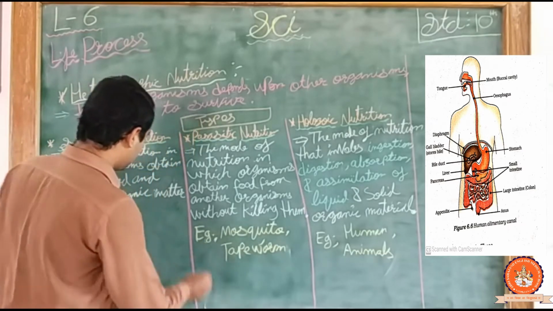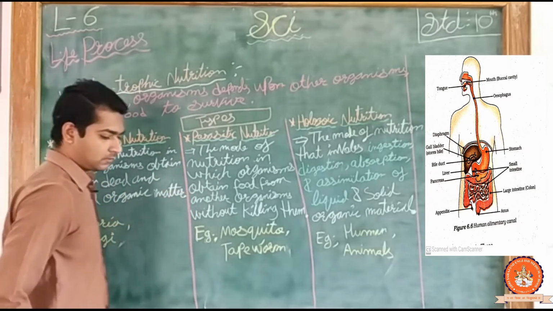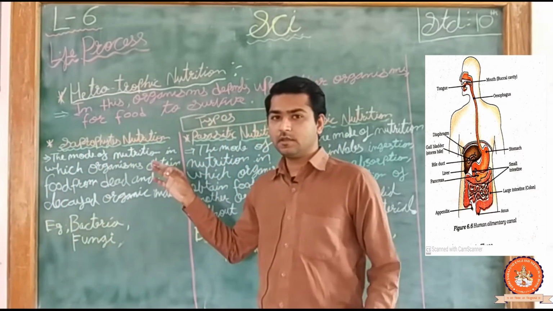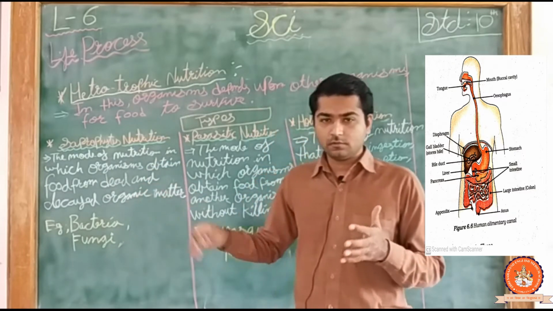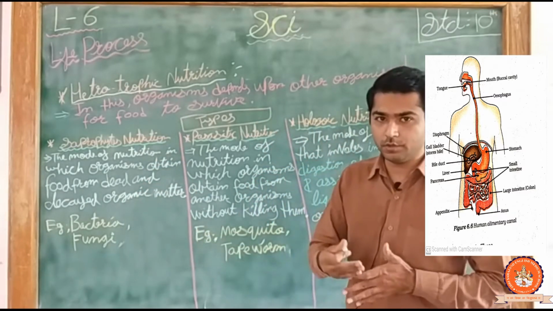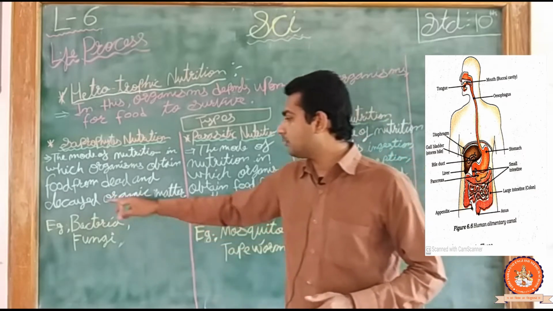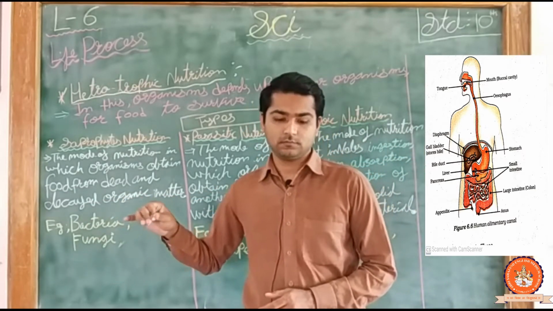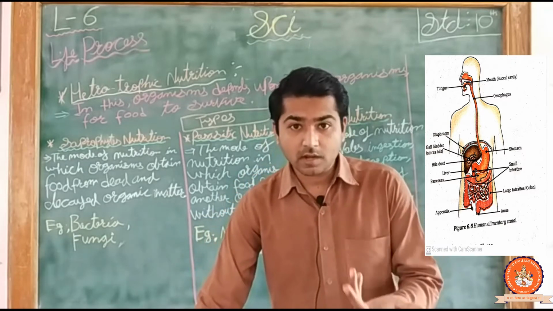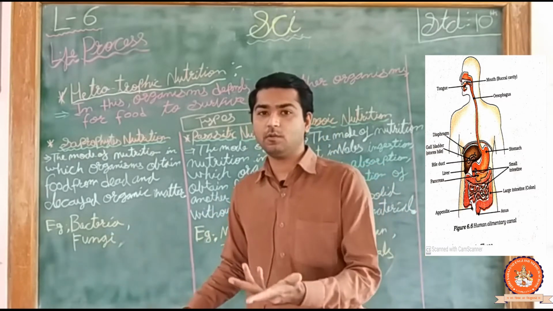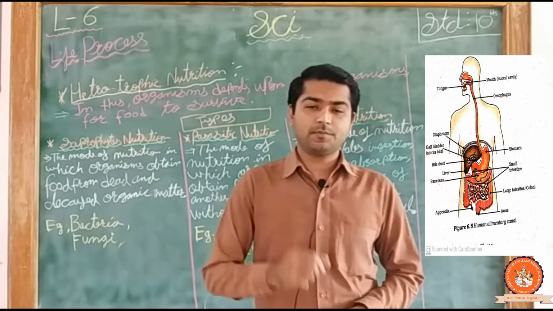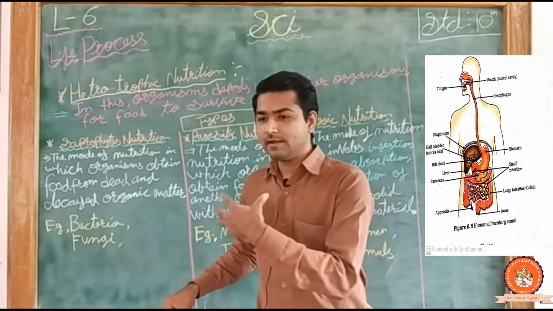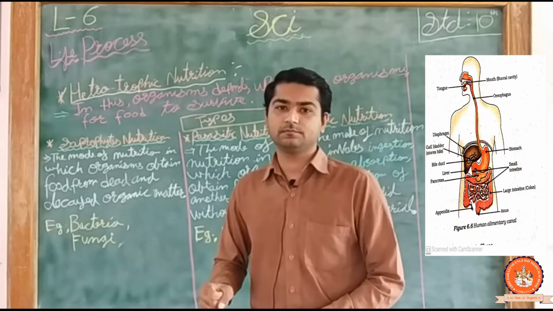In this, the organism takes nutrition, or you can say food, from dead or decayed organic material. Now dead means मरा हुआ and decayed means सड़ा हुआ. Clear? For example, bacteria and fungi take food from dead and decayed organisms.